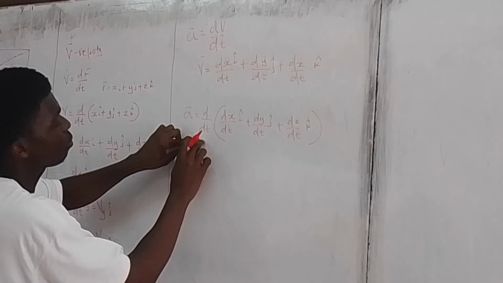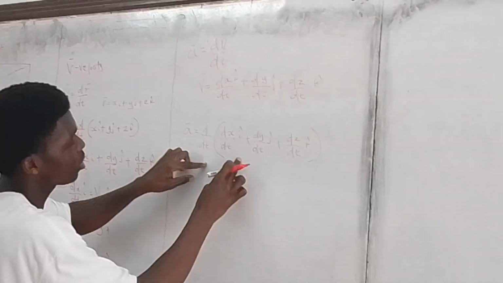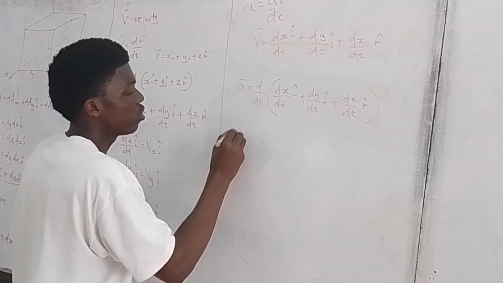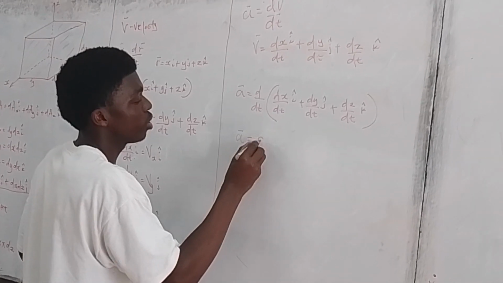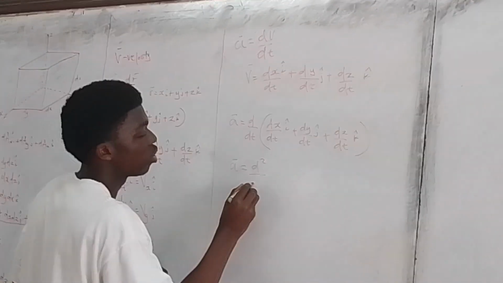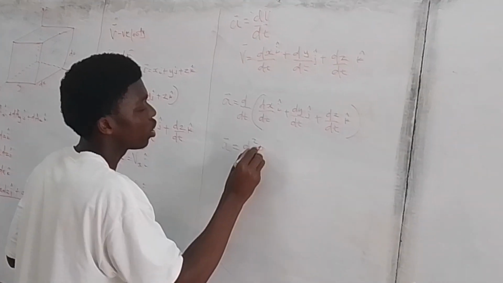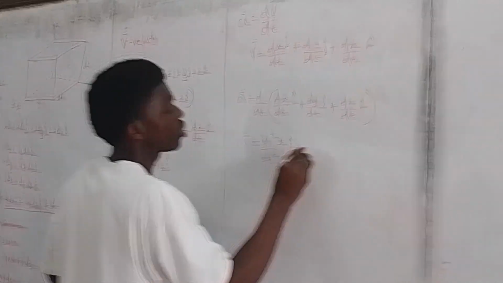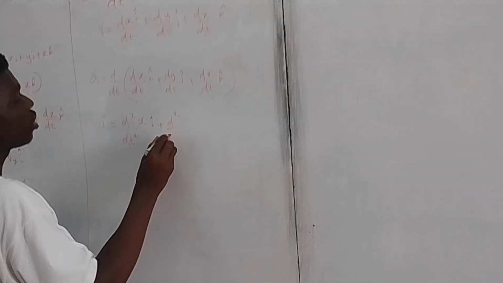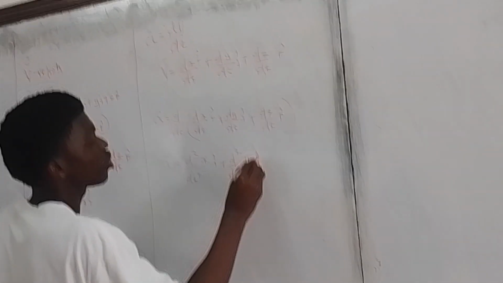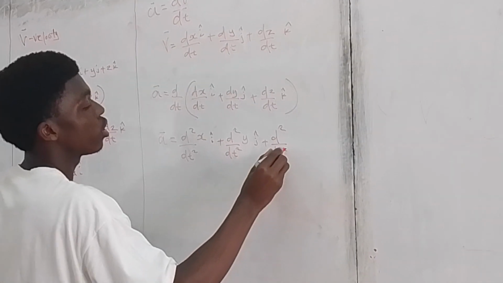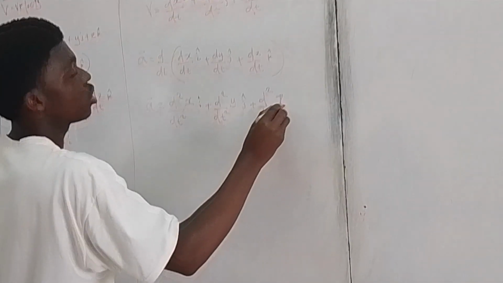Opening the bracket, we'll get d squared x over dt squared in the i direction plus d squared y over dt squared in the j direction plus d squared z over dt squared in the k direction.